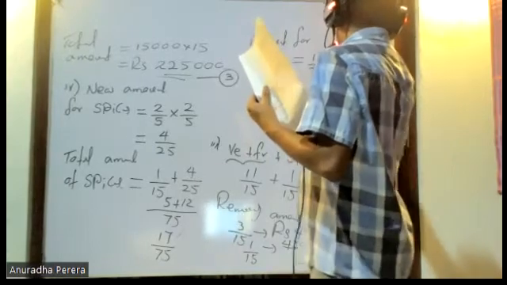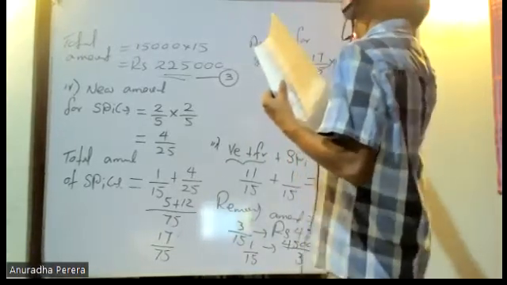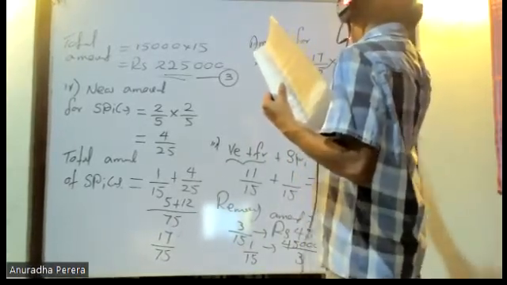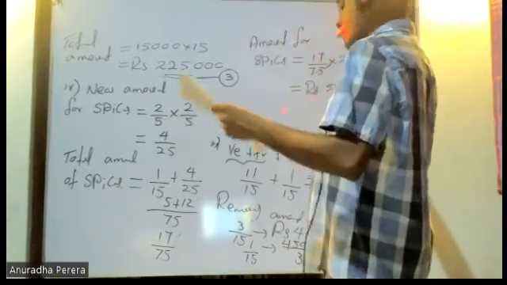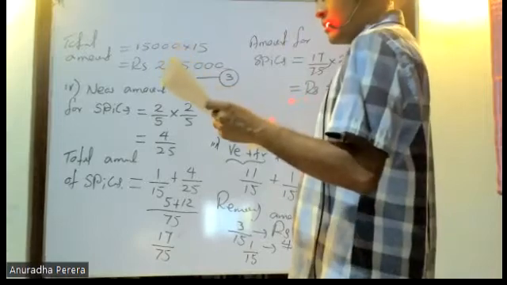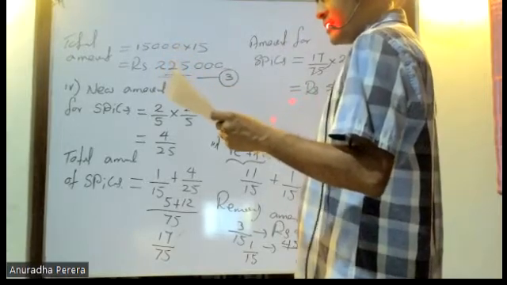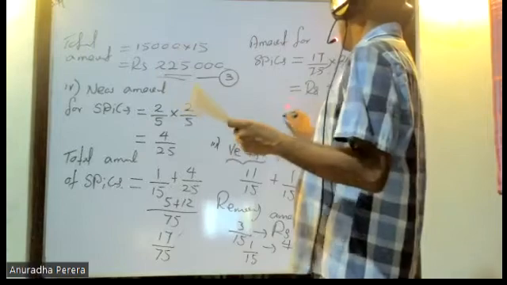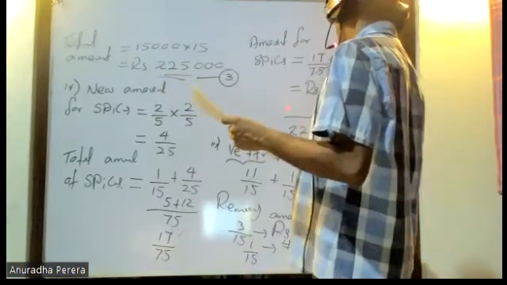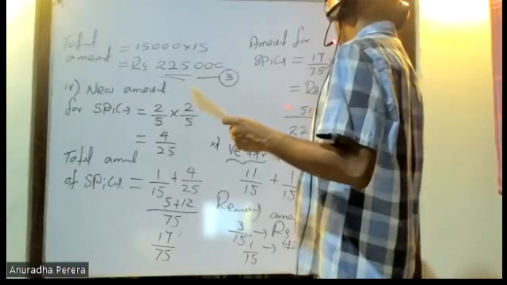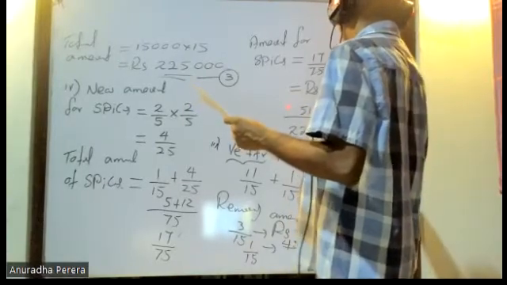You can simplify it: 51,000. We need what percentage of the total amount. The amount for spices, 51,000 over 225,000, times 100.